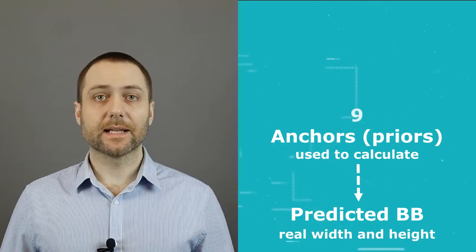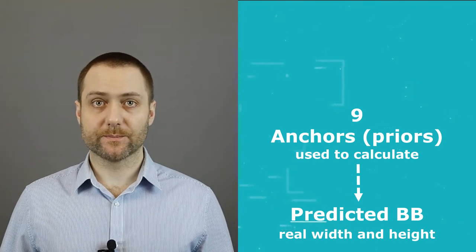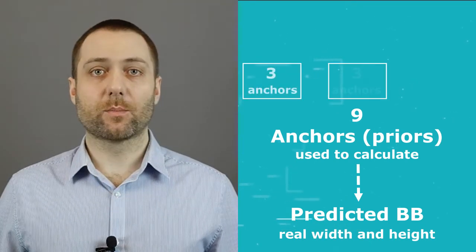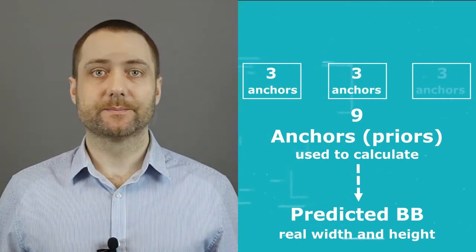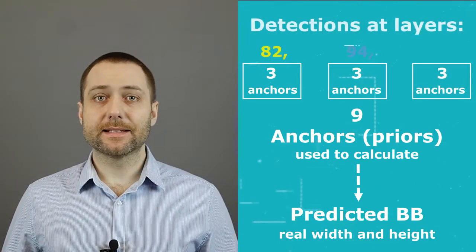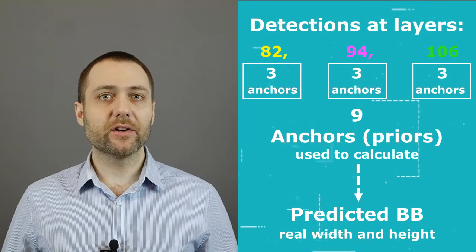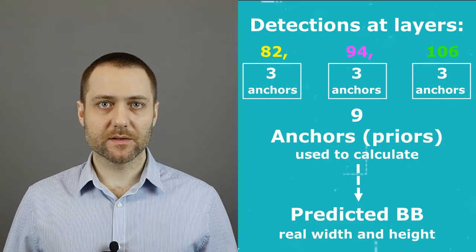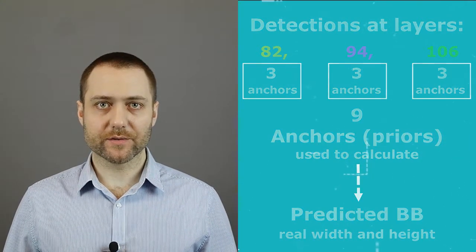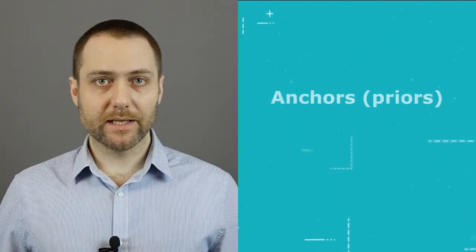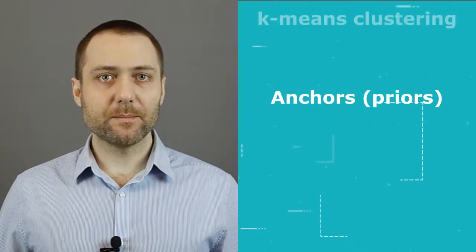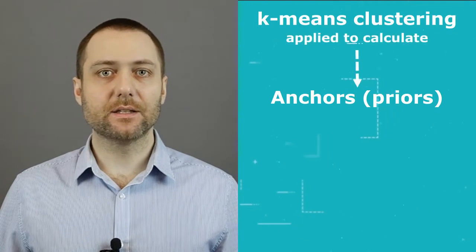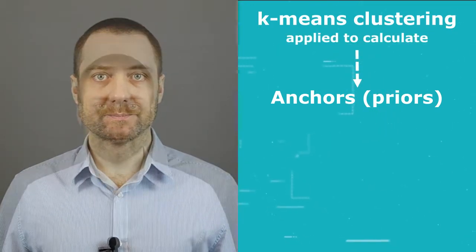In total, 9 anchor boxes are used, 3 anchor boxes for each scale. It means that at each scale, every grid cell of the feature map can predict 3 bounding boxes by using 3 anchors. To calculate these anchors, k-means clustering is applied in YOLO version 3.